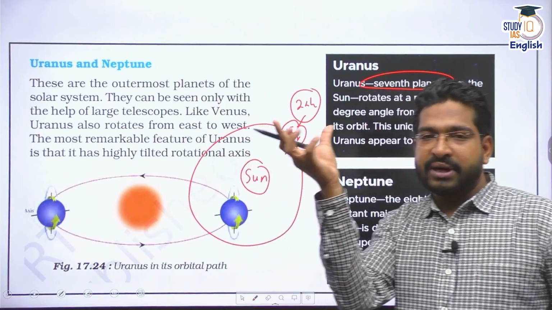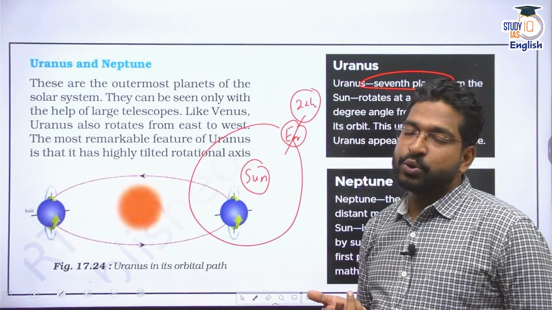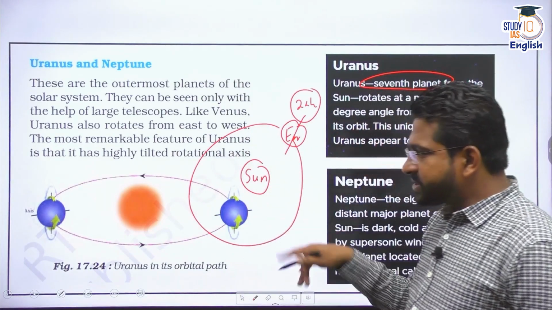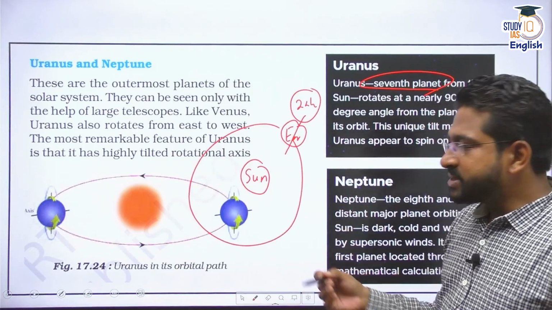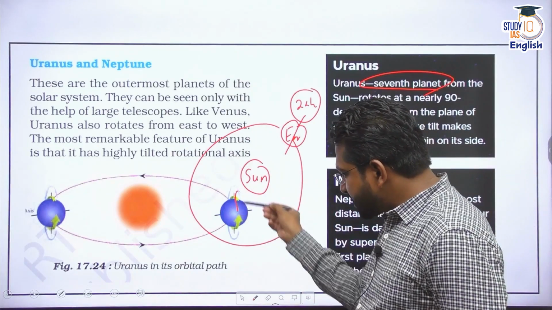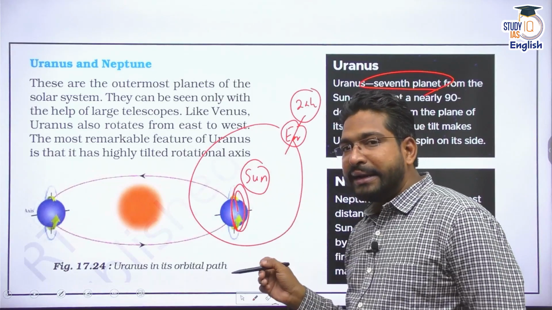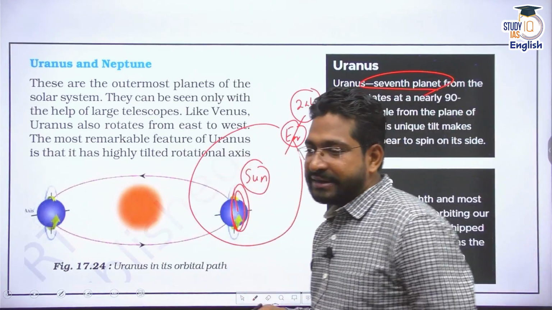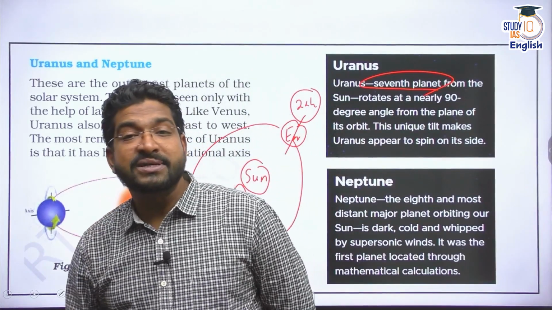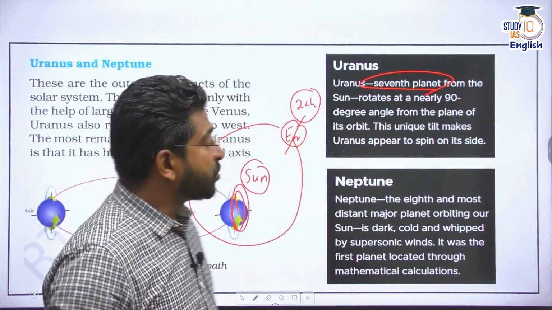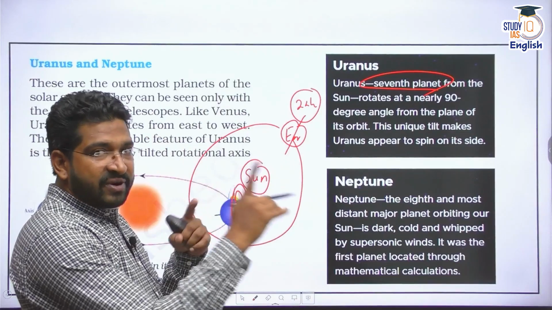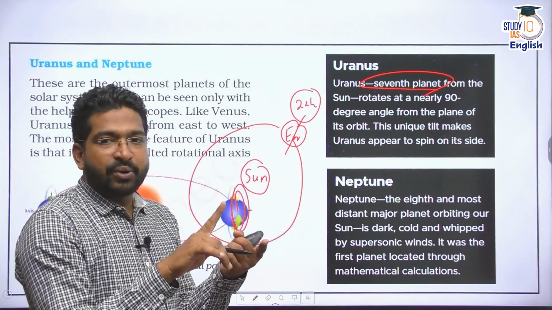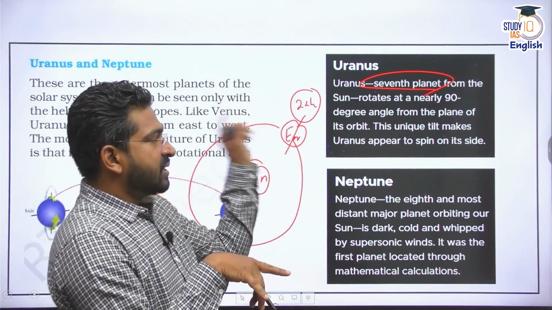It is spinning on its own axis. But Uranus is very peculiar. It spins on its own axis at almost a 90-degree angle, very, very tilted. Apart from that, Uranus is another peculiar planet which rotates in a different direction. I told you Earth rotates from west to east, Uranus east to west.